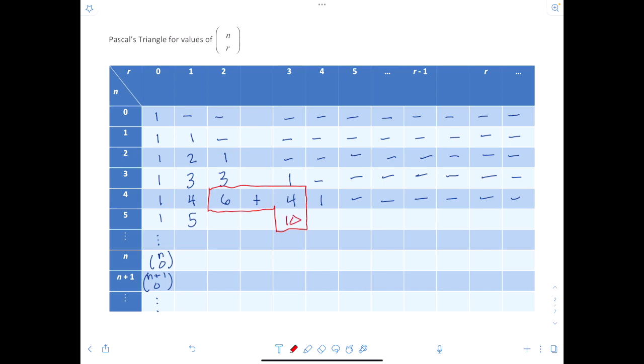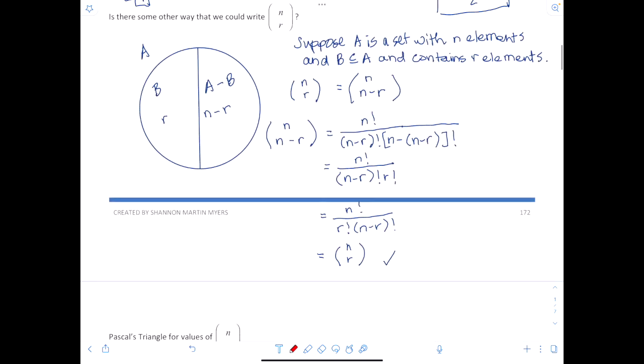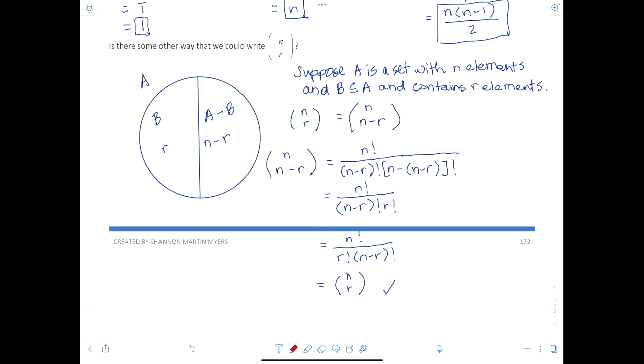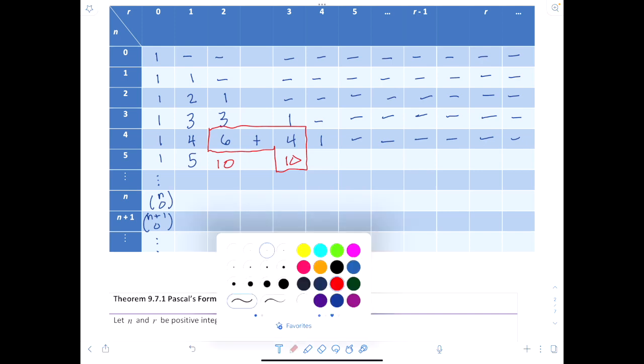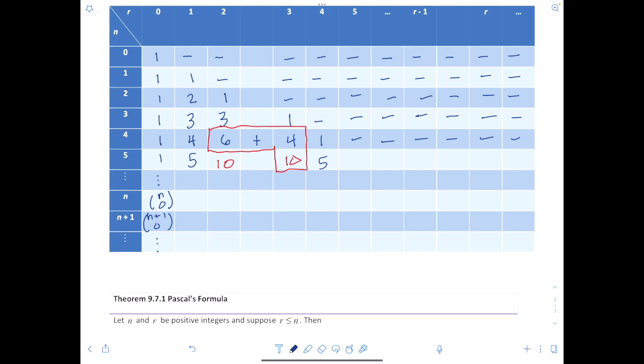But isn't 5 choose 3 the same as 5 choose 2? Because you could use that formula we just learned, that n choose r is the same as n choose n minus r. So this here will also be 10. And then we come down here, we get 5, we get 1. These don't make sense. So there's a pattern here.